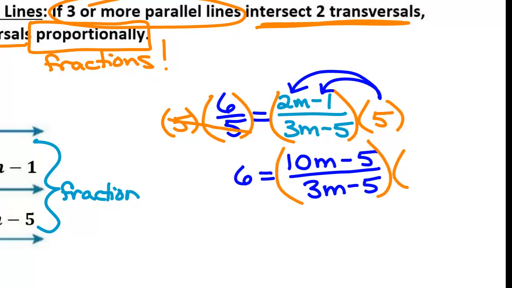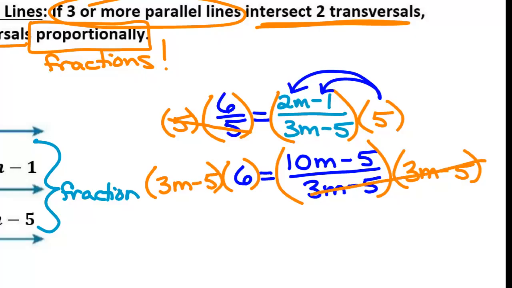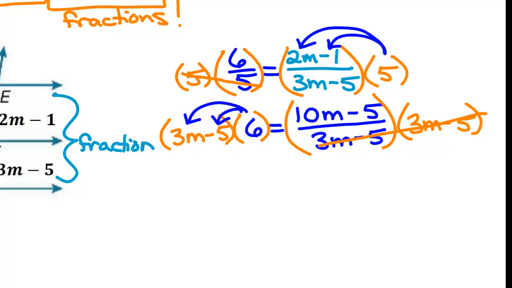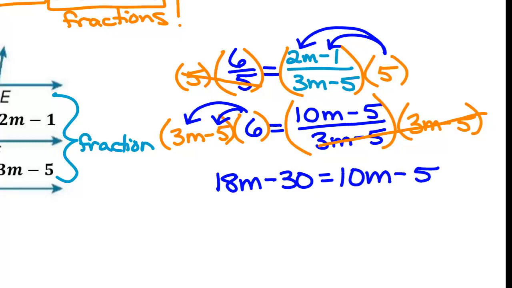Then we multiply by our other denominator, 3m minus 5 on both sides. Cancels out my denominator on the right. On the left, we have to distribute this 6 to the 3 and to the 5. 3m times 6, that's 18m, minus 5 times 6, so minus 30, equals 10m minus 5.